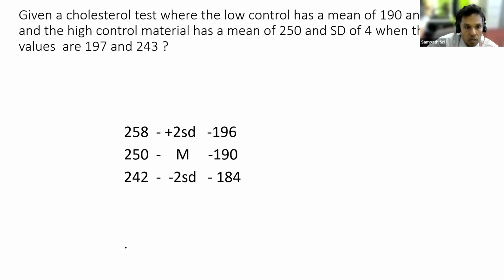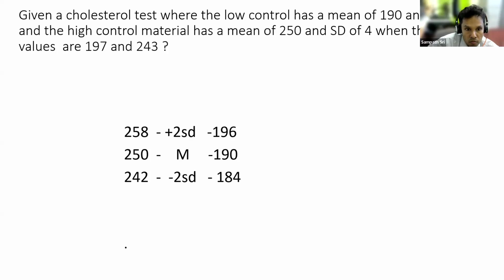For the low level control, plus 2SD is 196, so this low QC is above plus 2SD, while the high QC, 243, is within the 1 to 2SDs.